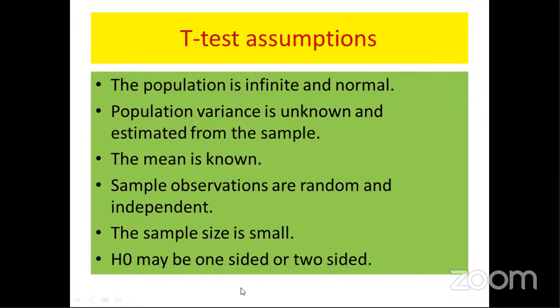When you say you assume, it means that you made an evaluation of your population parameter. In other words, what's the condition of your population? From this, you should meet this assumption so that you can use the t-test. So what are the different assumptions for the use of t-test?